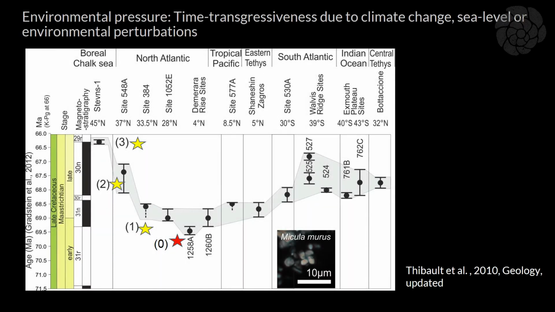I've heard several times the idea that this should not apply to microscopic algae, which should essentially spread very fast throughout their range of preferences after their first appearance. But here I must disagree, because there's one very clear case of a time-transgressive colonization of different latitudinal domains by Micula murus. If you examine this graph here, it's a graph that I recently updated.